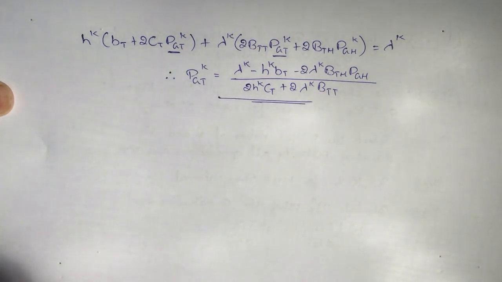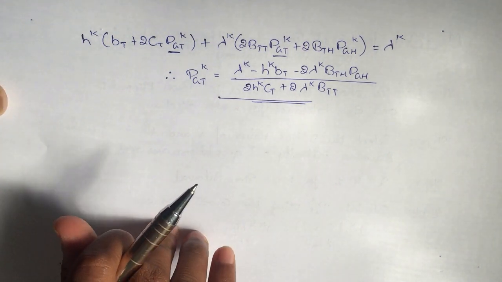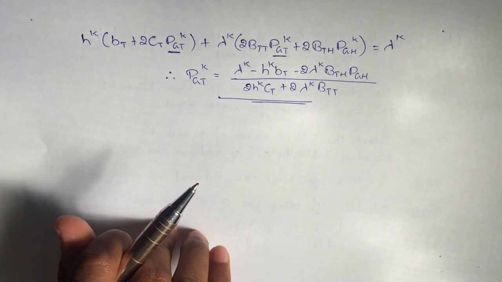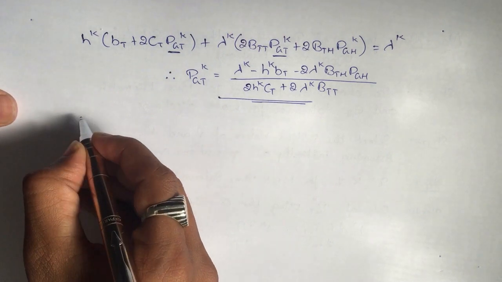From this equation we are going to find the value of PGTK. This is our step 4. Next is our step 5.